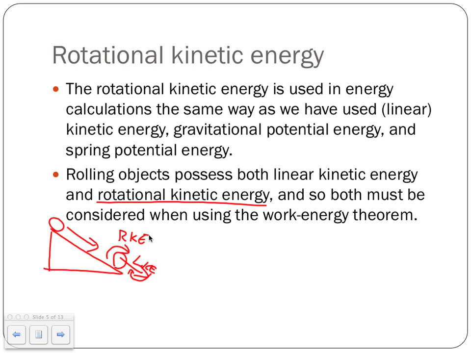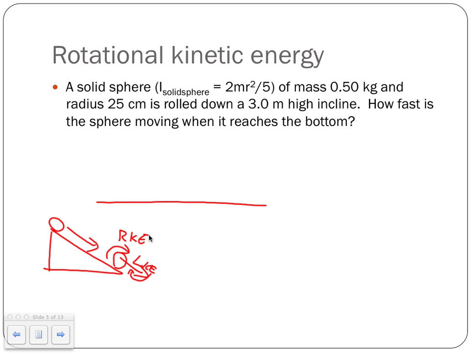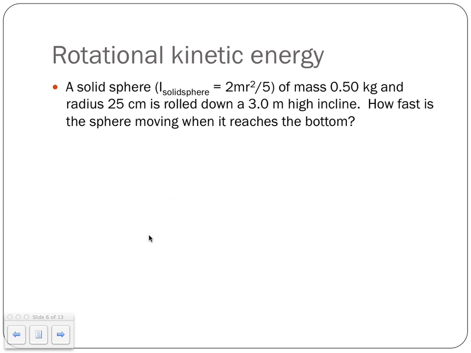So let's just look at an example. Let's look at this one right here, where we have something going down an incline. We have a solid sphere of mass 0.5 kilograms and radius 25 centimeters rolled down a 3-meter high incline. We're told that 3 meters is the height of the incline right here. We have our object, our sphere, right up here.